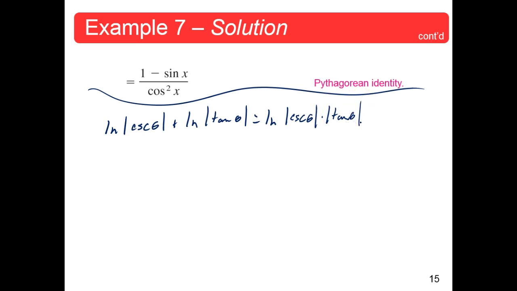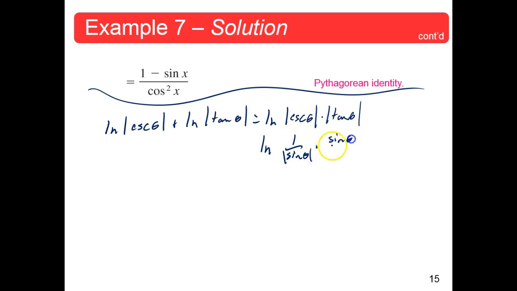Now, in a sense, you can probably remove your absolute value bars or not. So let's just do ln of, and what is cosecant? 1 over sine. And you can leave that in absolute value bars. And what's tangent?